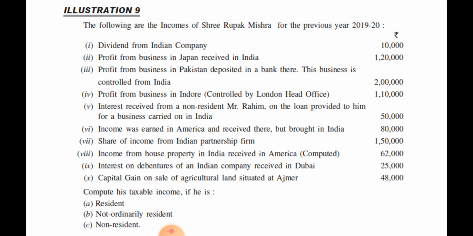Now for the next income, profit from business in Indore, controlled by London head office. First, just guess, either it is an Indian income or a foreign income.